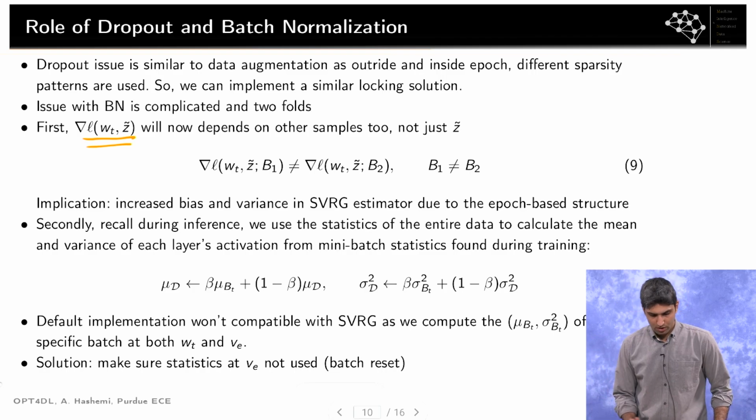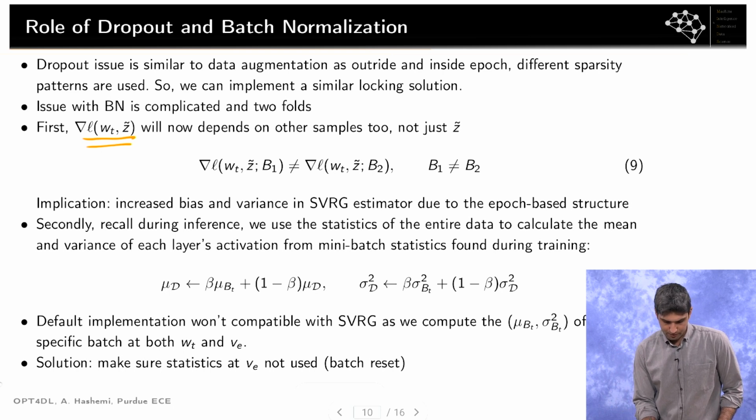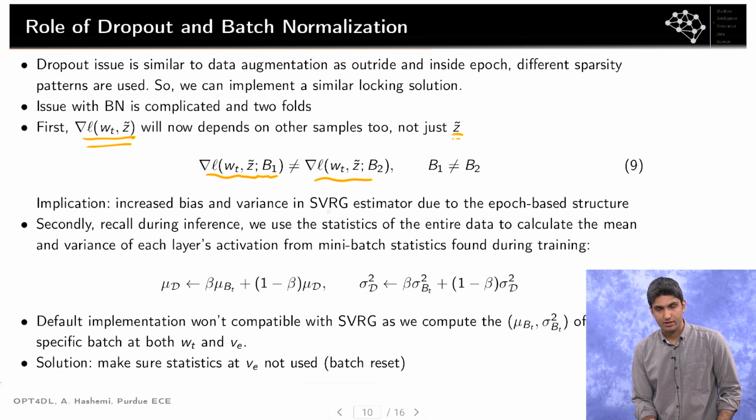Okay, so in particular, if I consider a specific image Z, this stochastic gradient with batch normalization active, when the batch is B1, is not necessarily the stochastic gradient when the batch is B2.